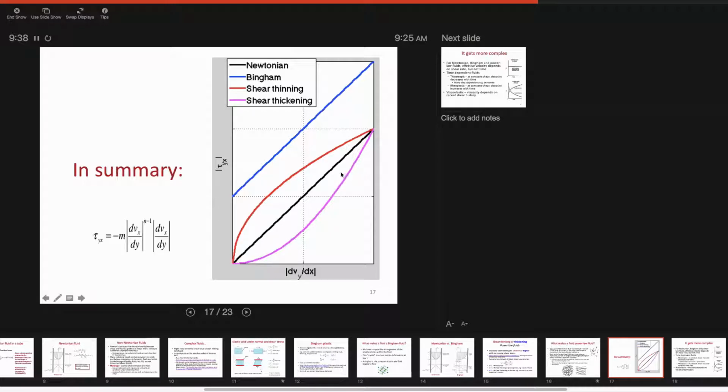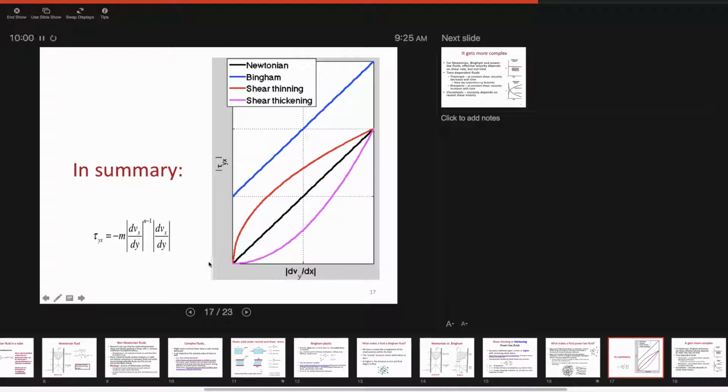And here for shear thinning, I have the other way around. For lower shear, I have a higher slope. And when I look at the slope, again, this is my slope, and it's a functional relation.